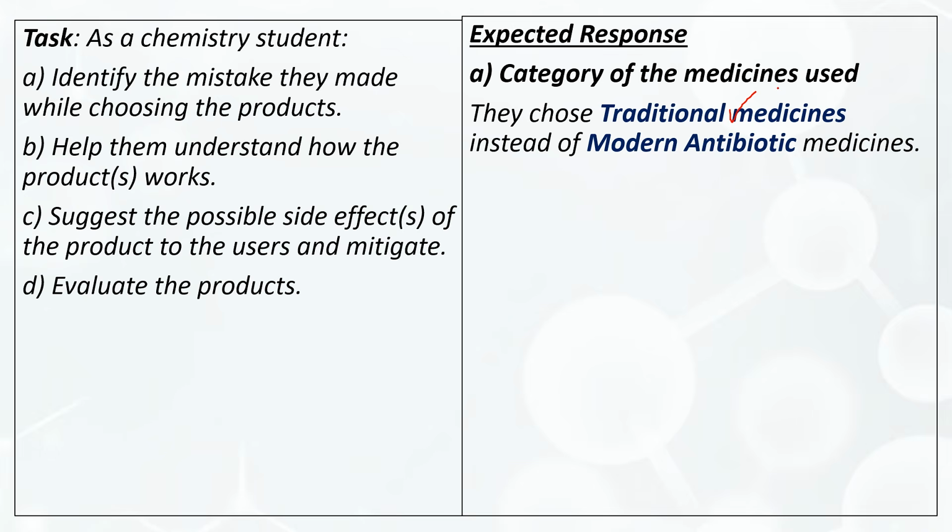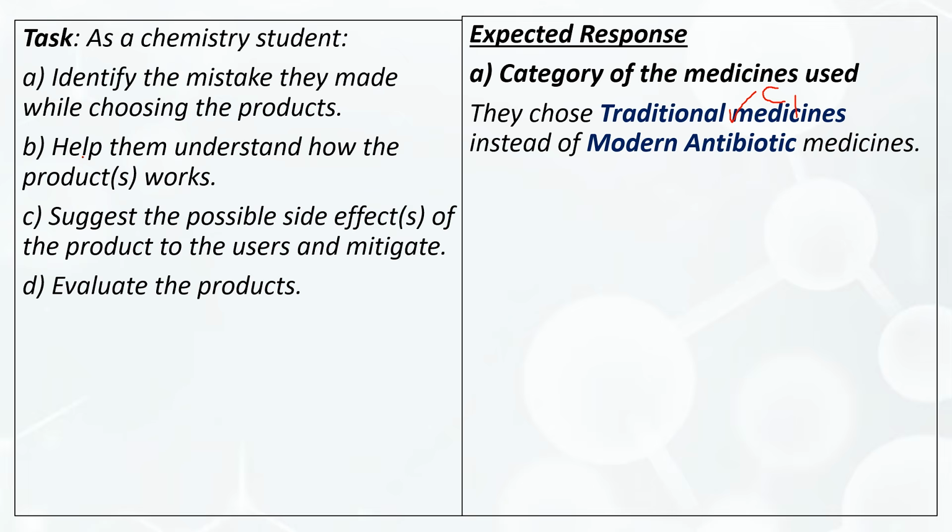Instead of choosing the modern, they have been using the traditional, because you can see in the scenario that at the end of it all they didn't manage to get healed very fast. So these people chose traditional antibiotic medicine instead of the modern antibiotic medicines, and you get your score.